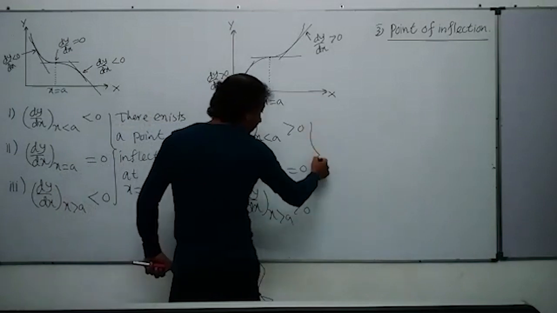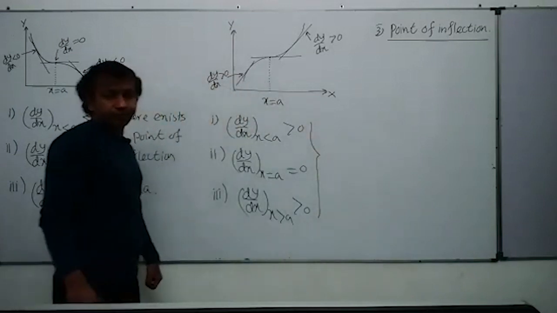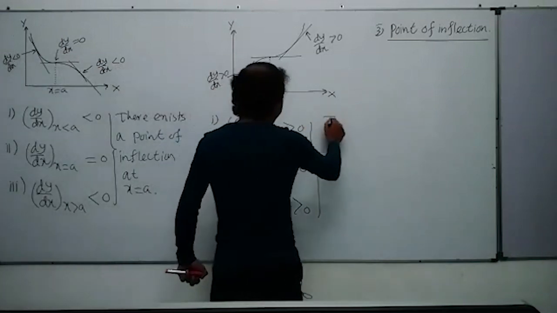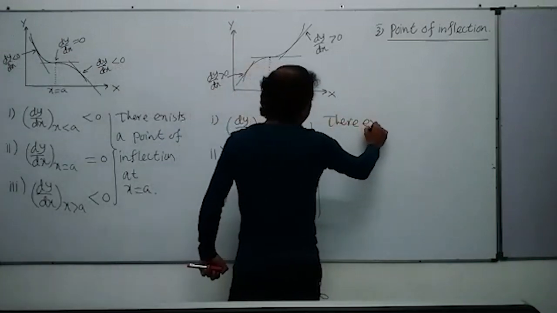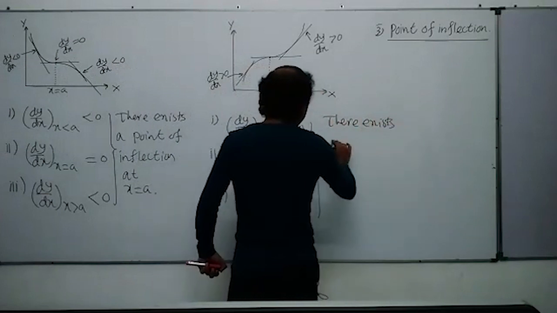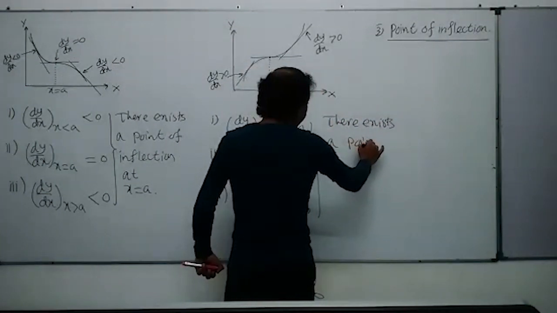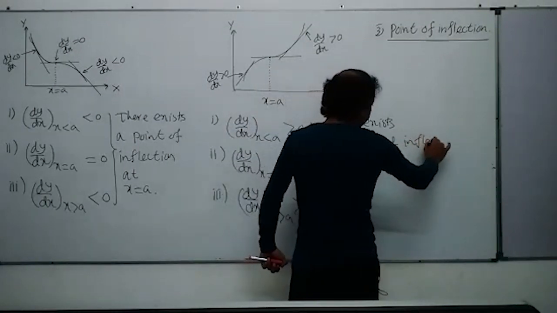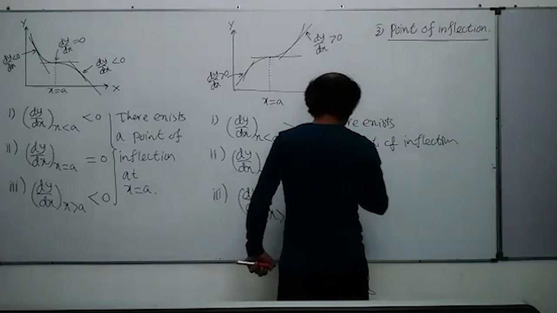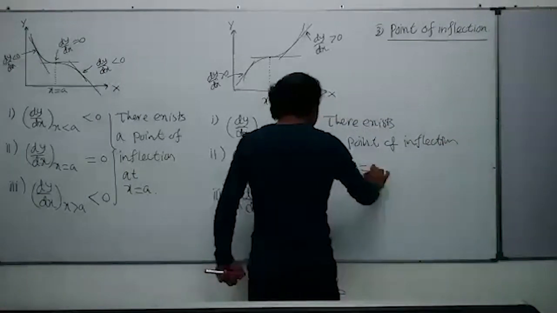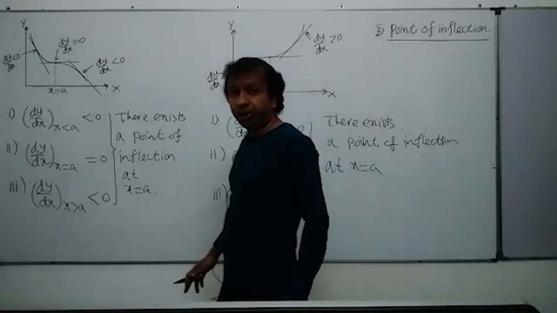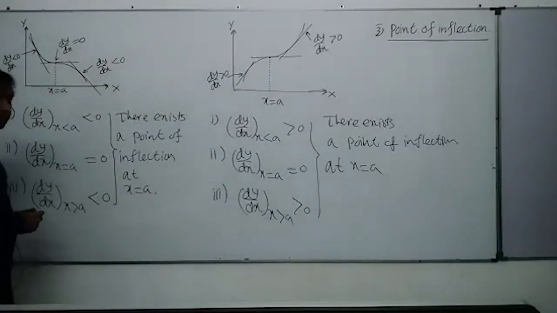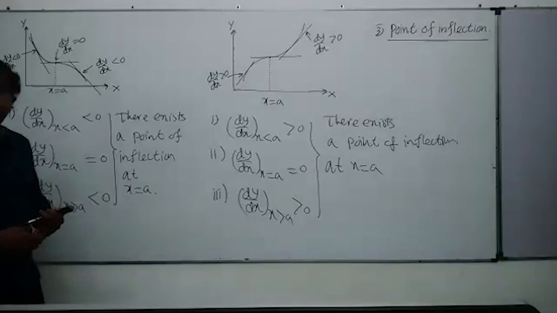Then these three together, people, there exists a point of inflection at x equals a. These are the 4 possibilities where a stationary point can occur.